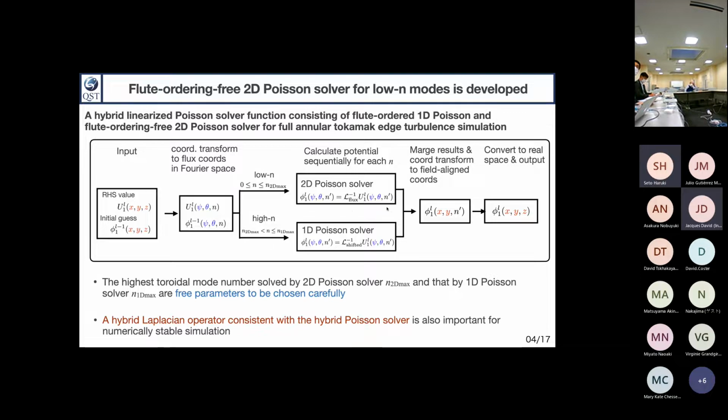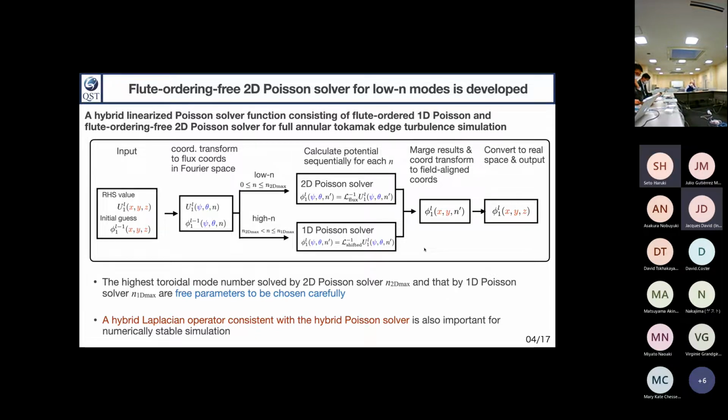And the potentials are calculated by the 2D Poisson solver for toroidal modes less than or equal to n2D max. And the potentials are calculated by the 1D Poisson solver for toroidal modes larger than n2D max up to n1D max sequentially.